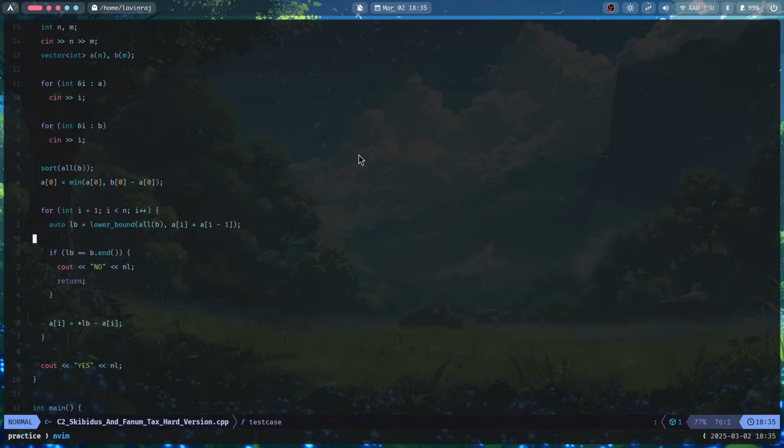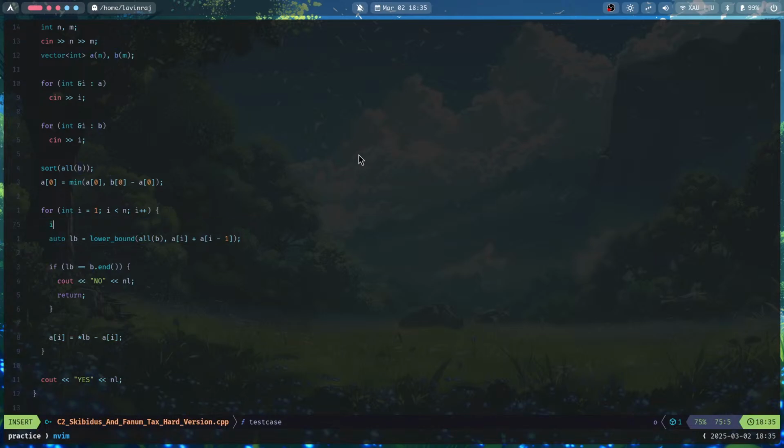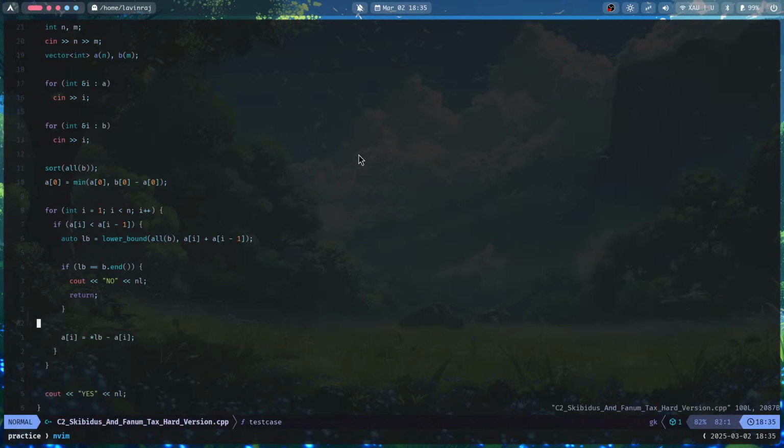And we do this operation only if we found an element smaller than the previous one. If the current element is smaller than the previous element, then we search for the element. Otherwise, we don't need to do anything.